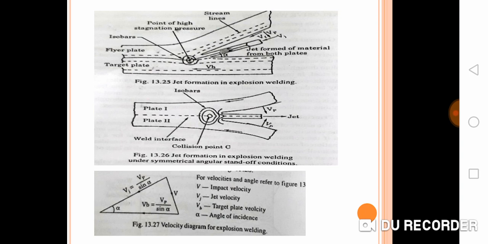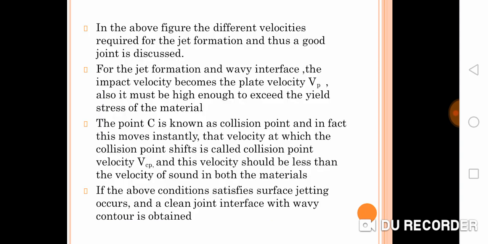Depending upon these velocities, a jet will be formed, the velocity of the jet will be Vj, and we can see the direction of the jet also. That is regarding the jet formation, and the lower figure shows the velocity diagram for the jet formation.